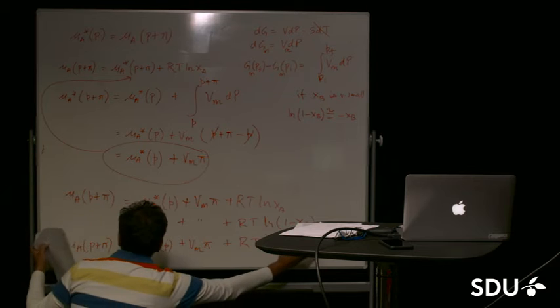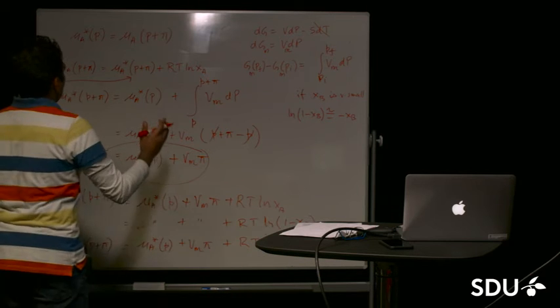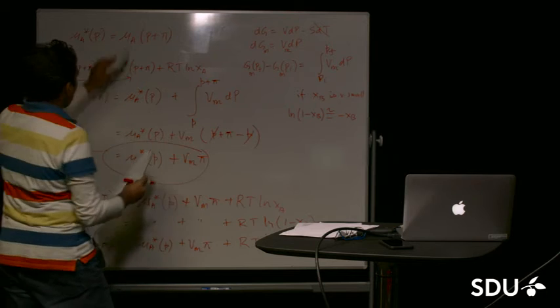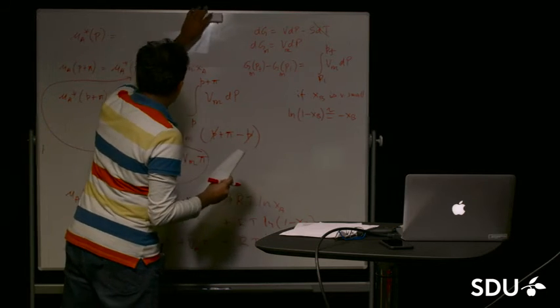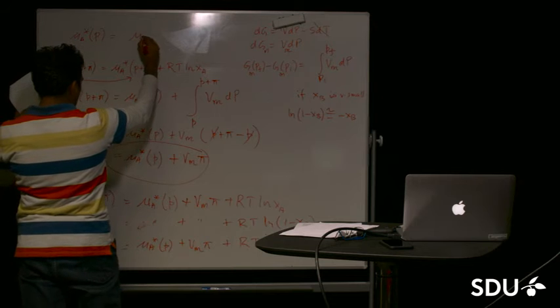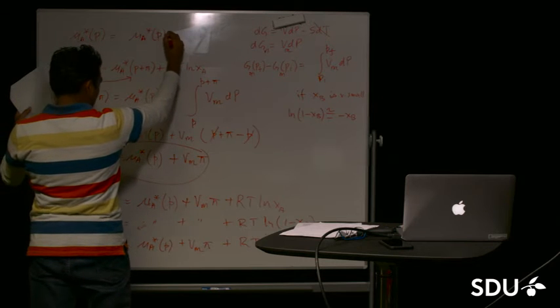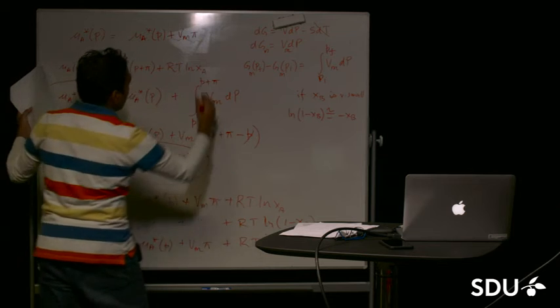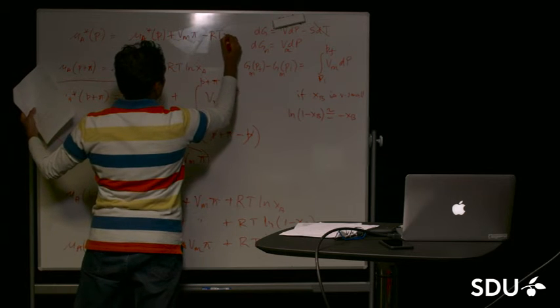Now if I take this whole thing and I substitute it on top here, I can write this, and now I can take the minus sign out, minus RT XB.